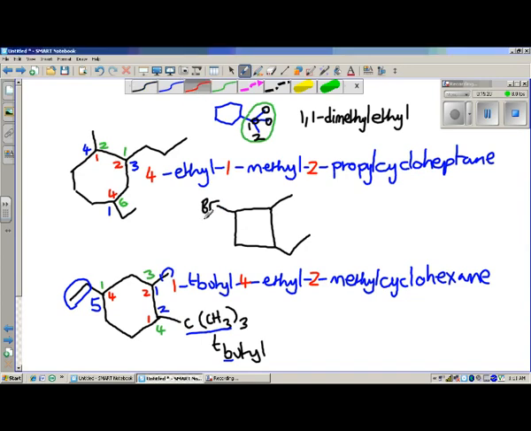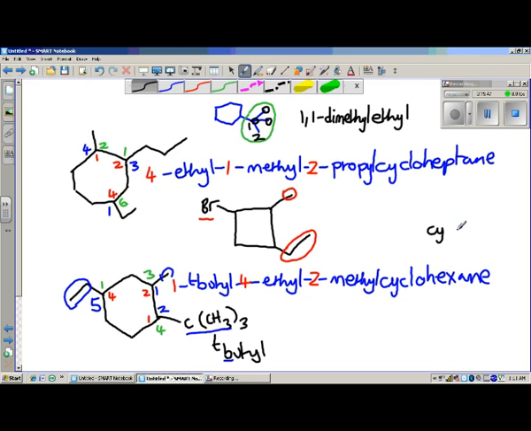So for these guys, we just treat them exactly the same way as we would treat alkyl groups. Alright? Methyl, ethyl, and bromine, when it's a substituent, is called bromo. And our parent chain here is cyclobutane. Now, I'm definitely going to run out of room here, so this is going to look kind of crappy.